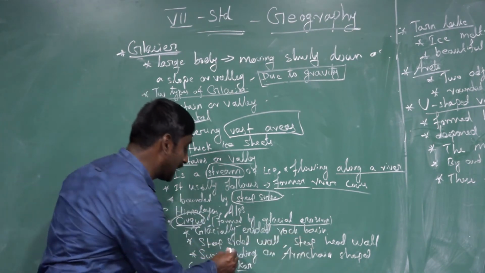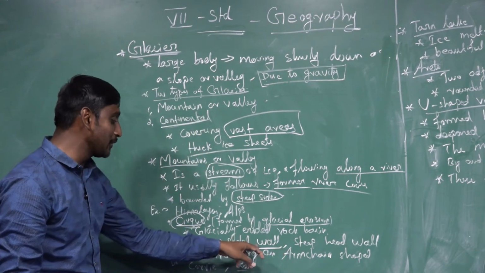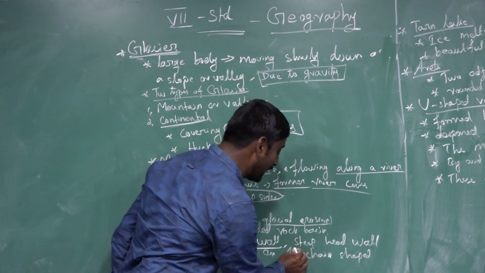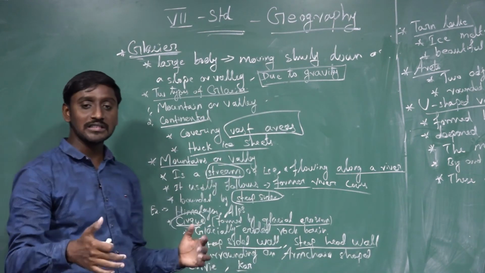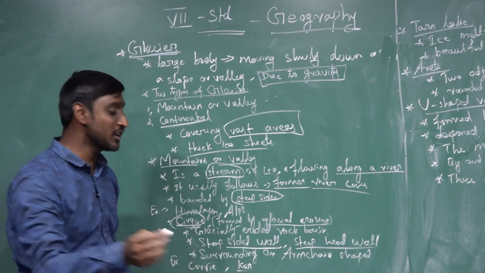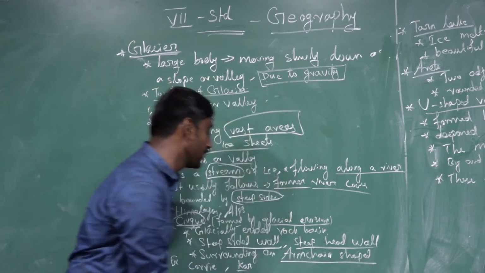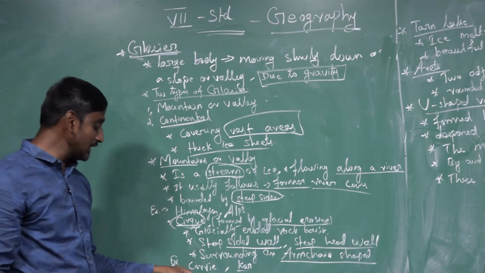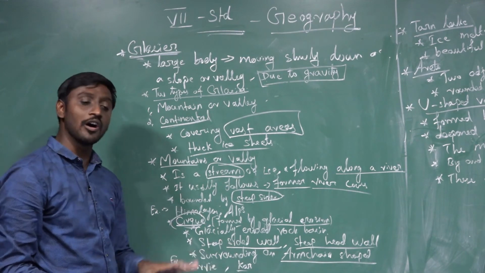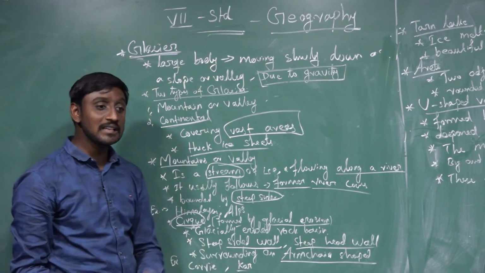The cirque has steep side walls and a steep head wall, and the surrounding has an armchair shape. For example, Corrie and Kar. Corrie is in Scotland and Kar is in Germany.